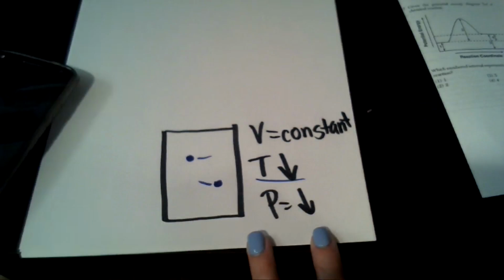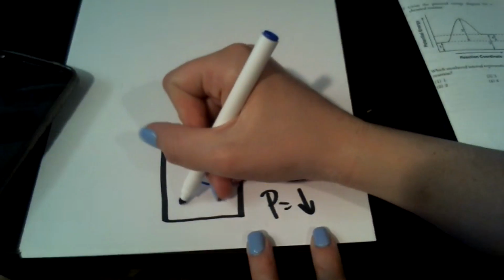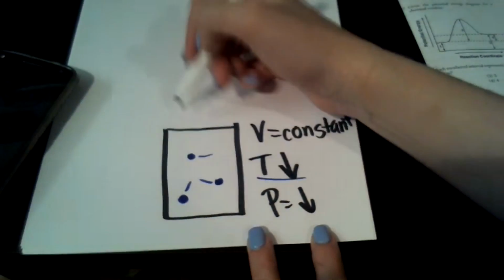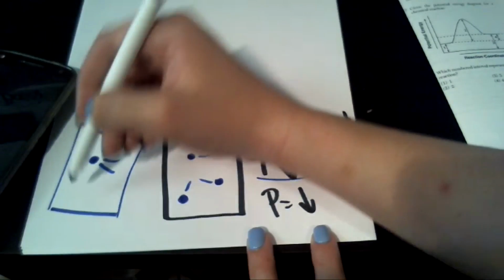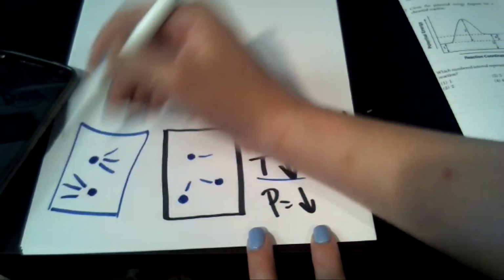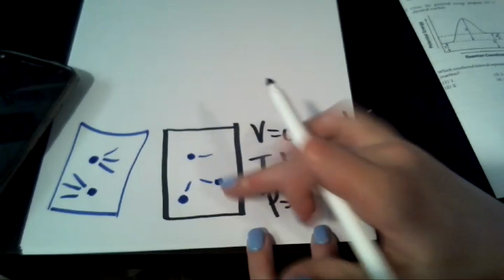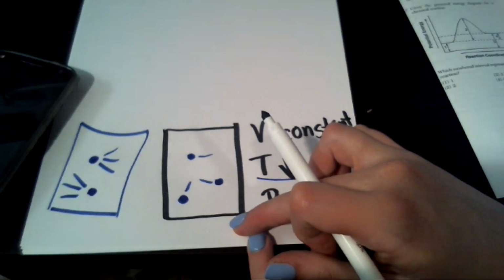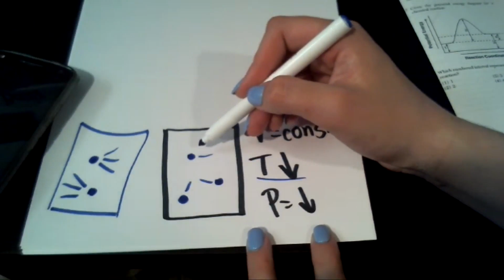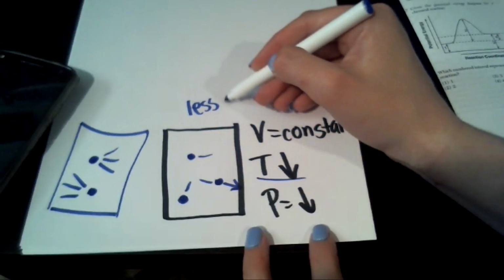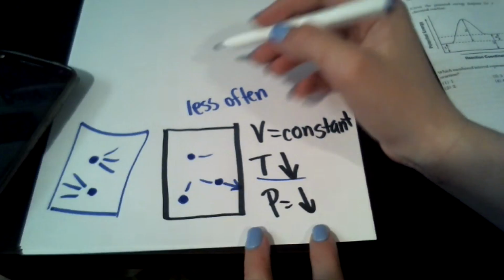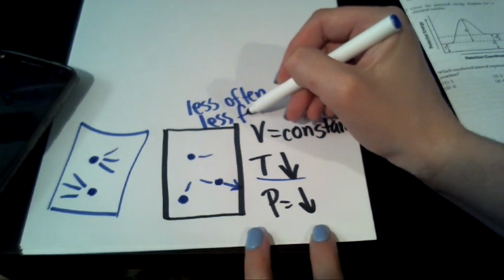When temperature drops, it means that these molecules are flying around slower, right? We don't actually draw particle diagrams like this, but we can imagine they're slowing down. They may have started out flying around like crazy. Temperature drops, they move slower. So if they're moving slower, they're going to bang into the walls less often.